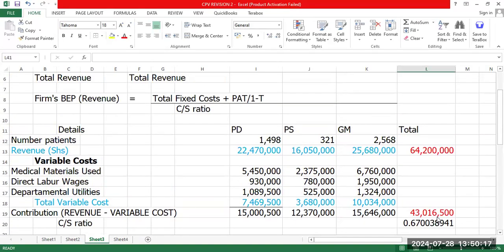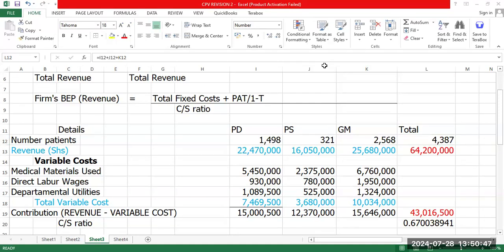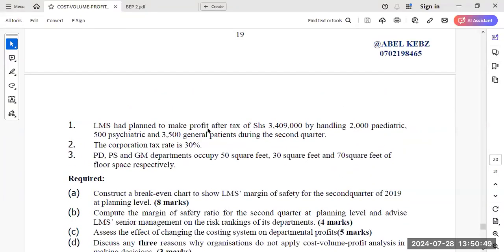The question is, are we going to use, if you use this, let's say, because we have two pieces of information, if you say this plus this plus this, you get this. Remember, in the additional information, you have another statement saying that they had planned to make this by handling this.